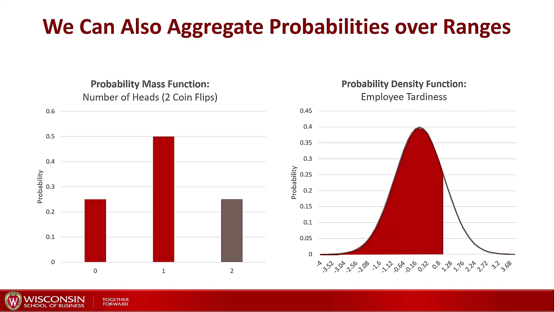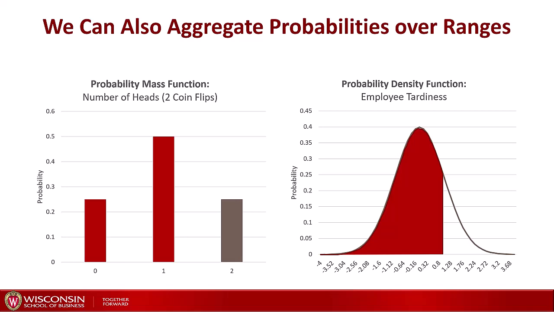Well, we can do something very similar to what we did with the histograms. That is, we are simply going to add the heights of the bar at 0 and the bar at 1. That is, in this case, 0.25 plus 0.5, and we find that 75%, or a probability of 0.75, of the trials produced at most one head.